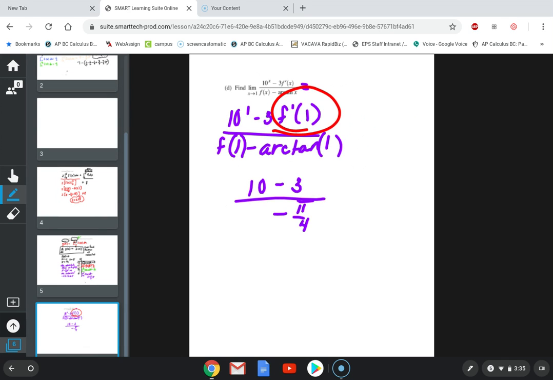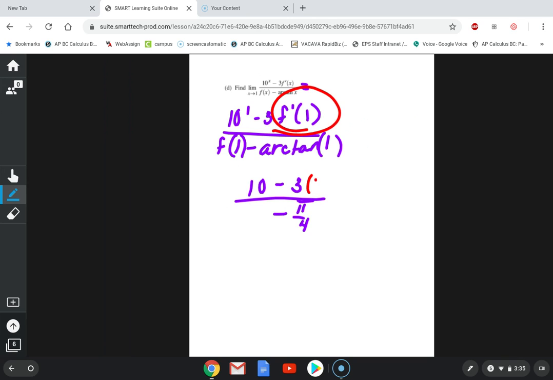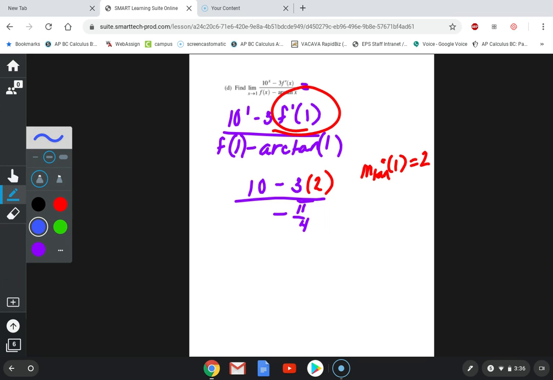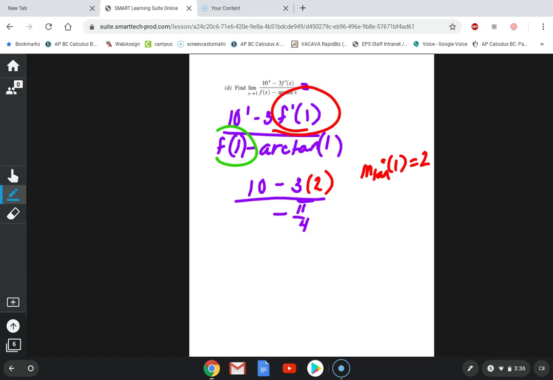So f prime at 1 is going to be 2, because again, that's the slope of the tangent line at 1, and that's 2. Then the other piece I'm going to work on is going to be this piece right here, f at 1. And so all I need to do is find out the value of the function f at 1. And the ordered pair is clearly 1.